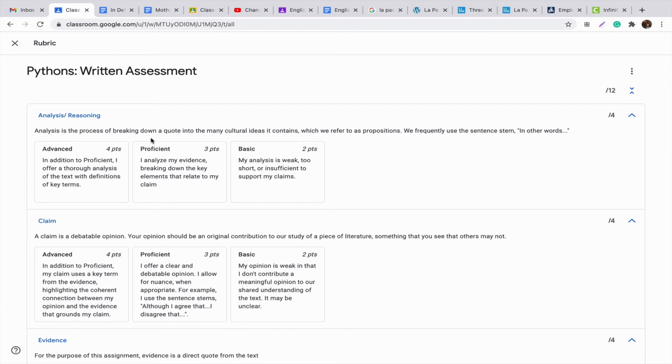We frequently use the sentence stem in other words. We'll start by looking at proficient. I analyze my evidence, breaking down key elements that relate to my claim. In advanced, in addition to proficient, I offer thorough analysis of the text with definitions of key terms.